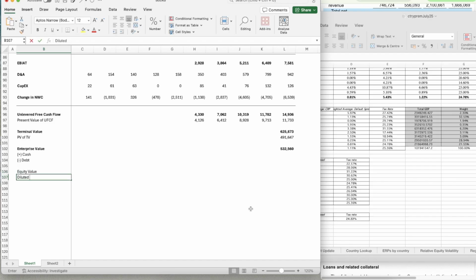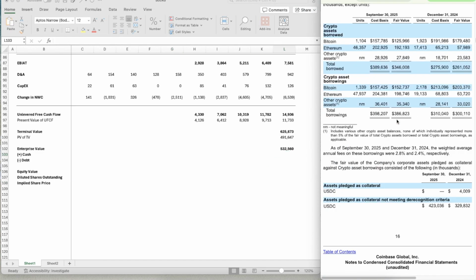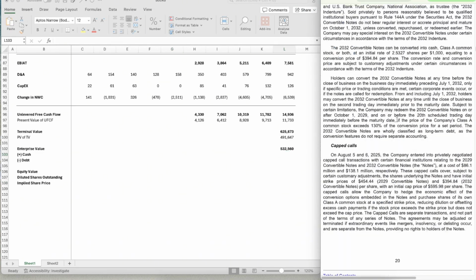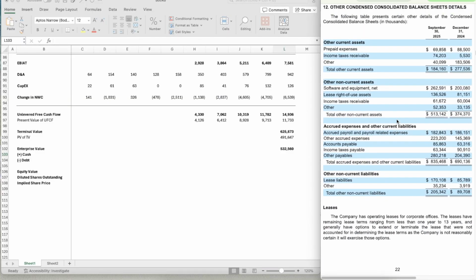We want to know the diluted shares outstanding, and this will give us our implied share price. Back onto the balance sheet, which here we are.